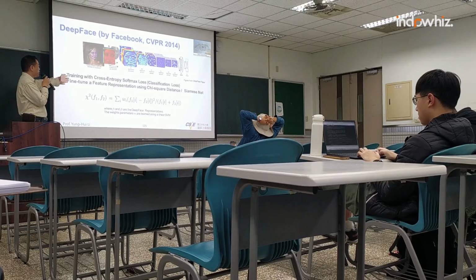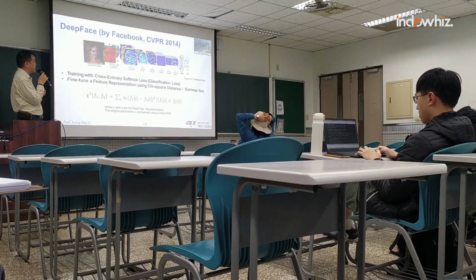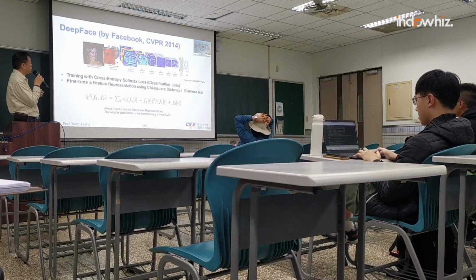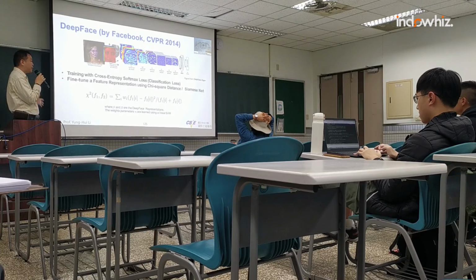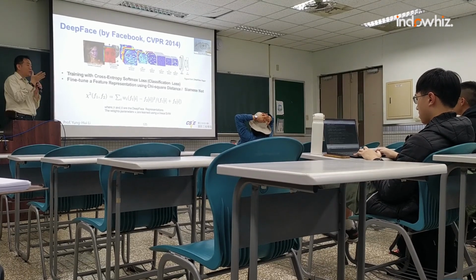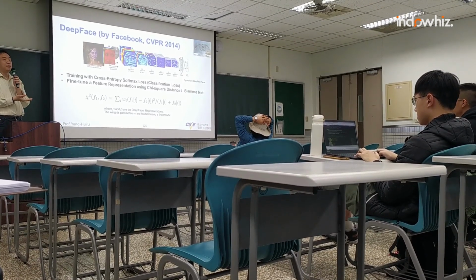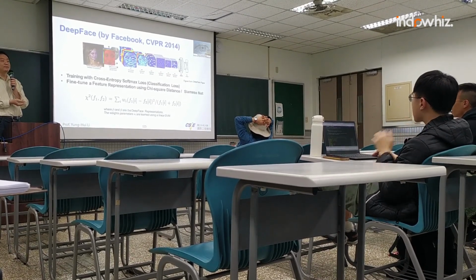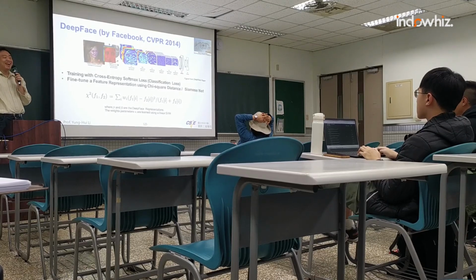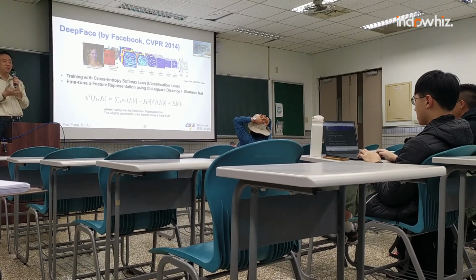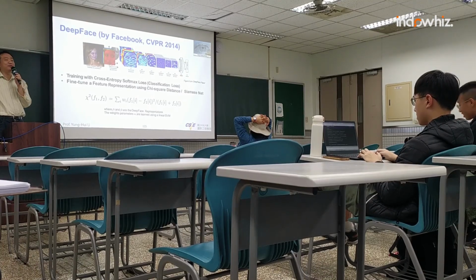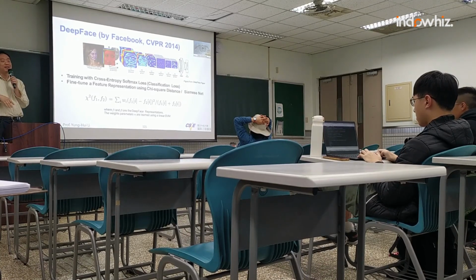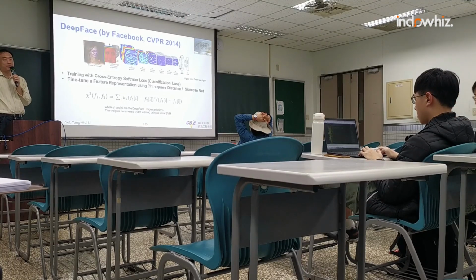And they train with cross-entropy softmax loss, which is a classification loss. Basically they collected a very huge database. So you know, Facebook, what's the advantage of this company? Yes, that's right. It has tons of data, huge data, more than you can imagine, especially people's images, right? Because people take pictures and upload them to Facebook every day.